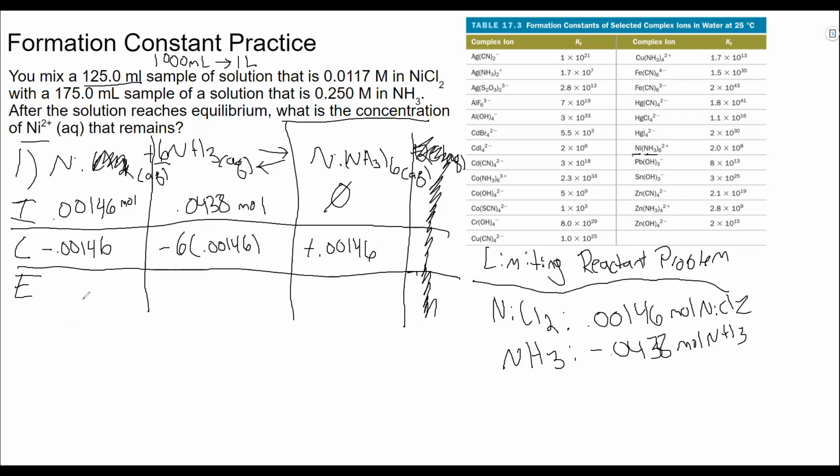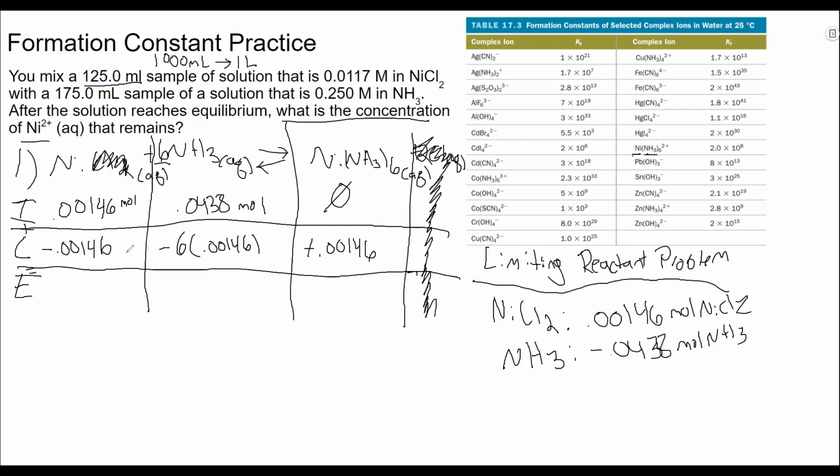Now at equilibrium. The way the ice table works, I plus C equals E. You just add the I and C rows to get your equilibrium row. If you do that, you would say, oh, nickel, there is nothing left at equilibrium.